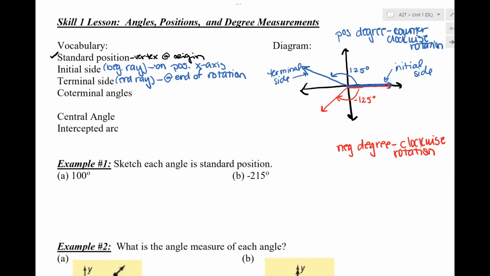Now, coterminal angles are angle measurements that have the same terminal side. They share the same terminal side, and they are separated by multiples of 360 degrees.